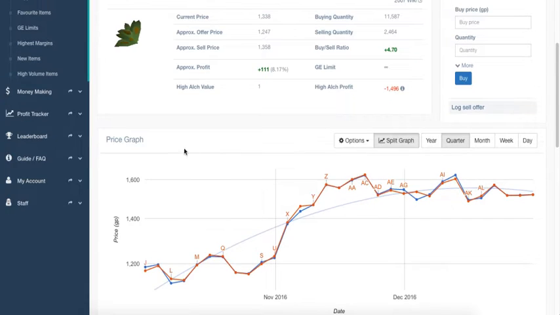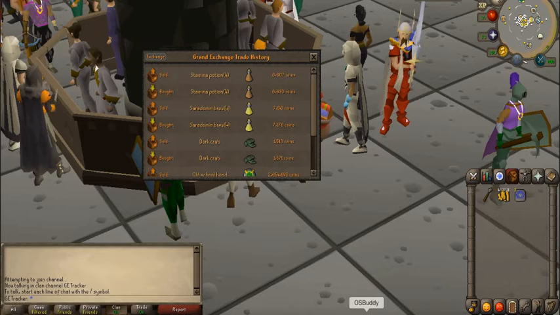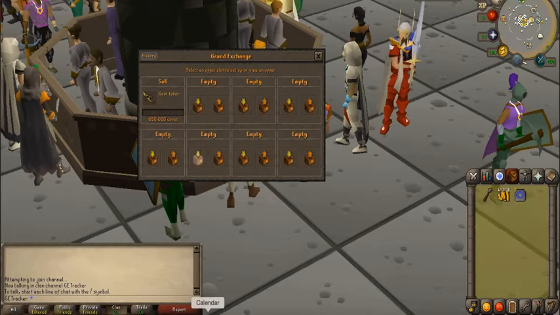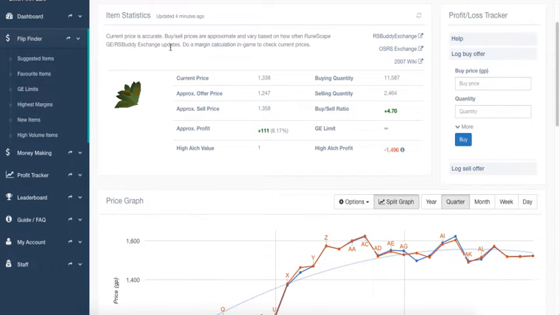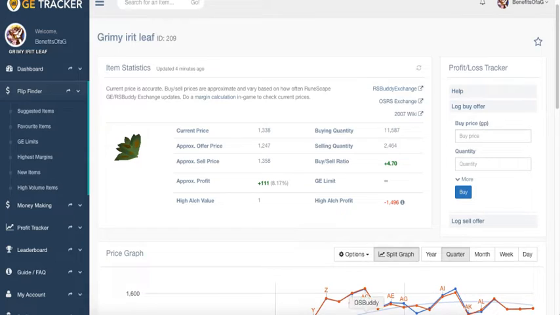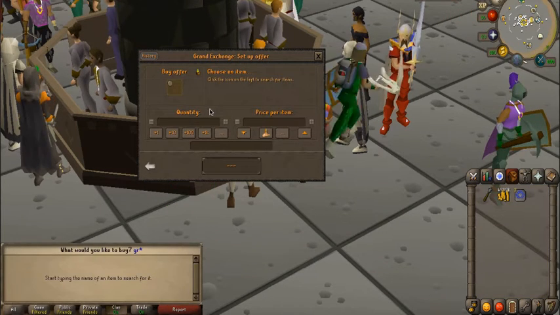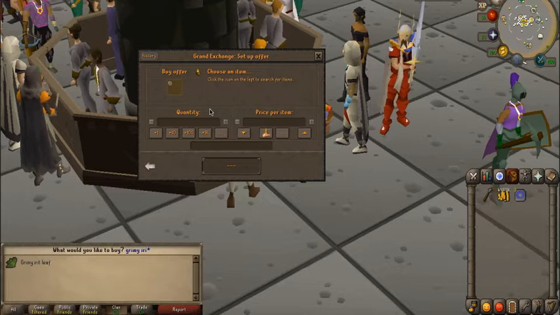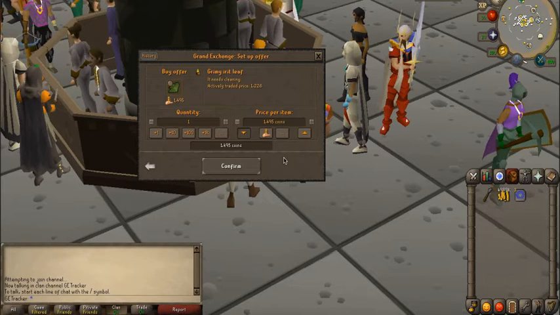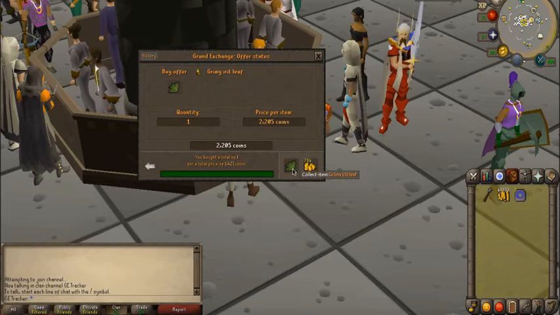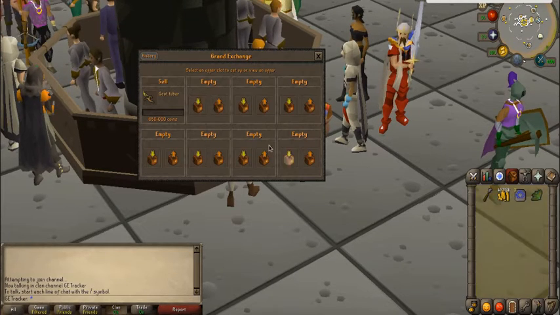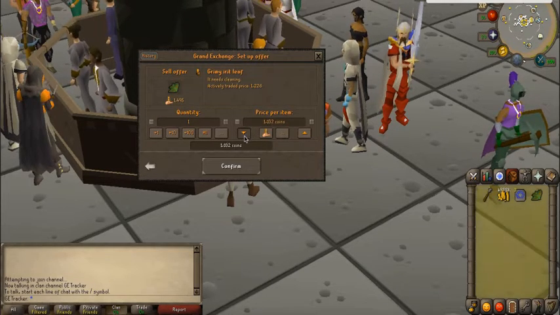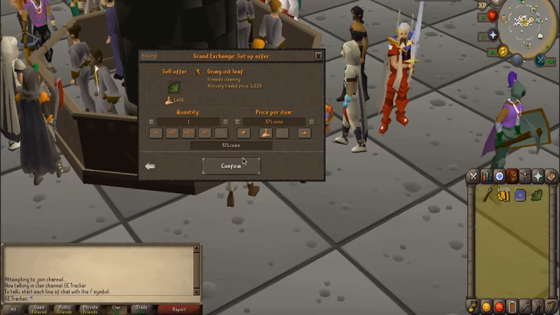So why don't we go ahead and check to see what the margin is for this item. That was that leaf, grimy irit leaf. So again, we're going to increase this really high, and then we're going to decrease this really low to see what it instantly sells for.